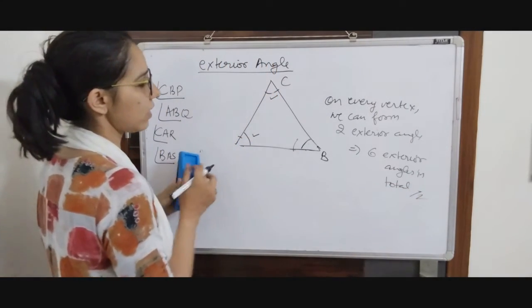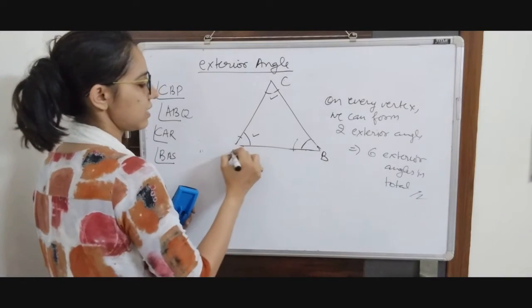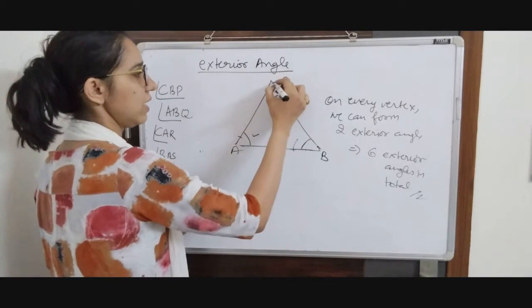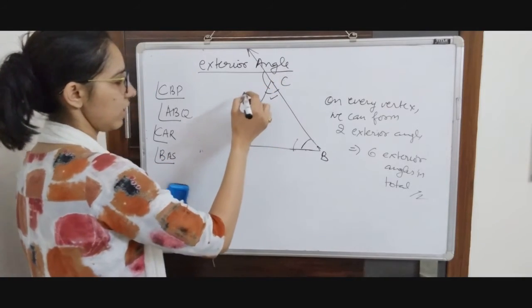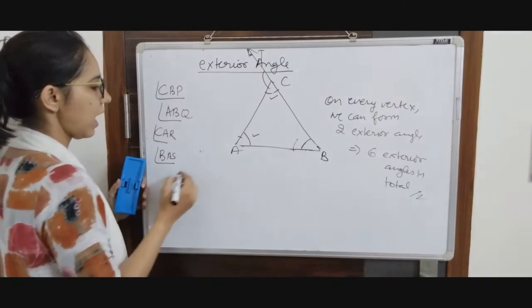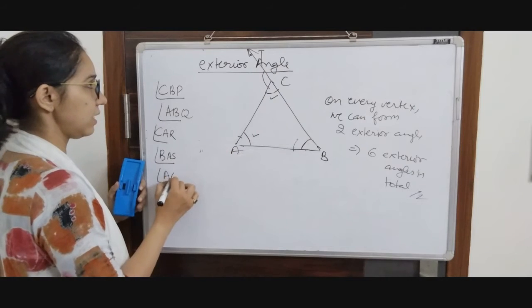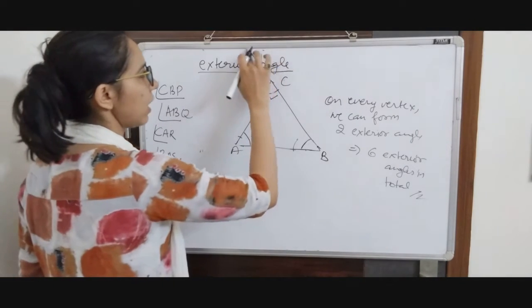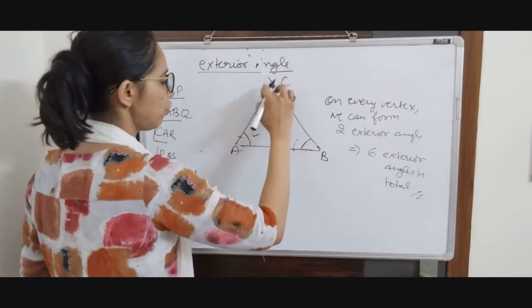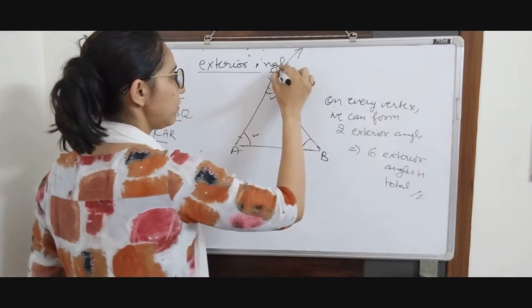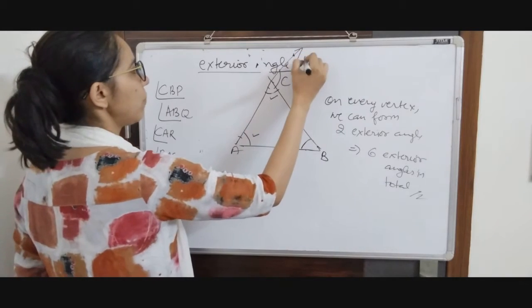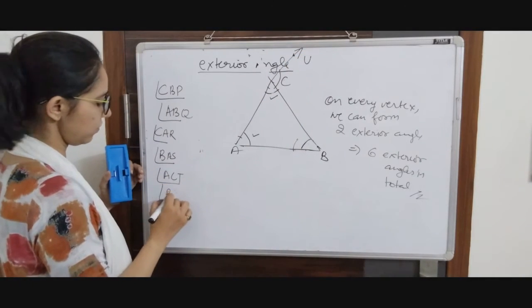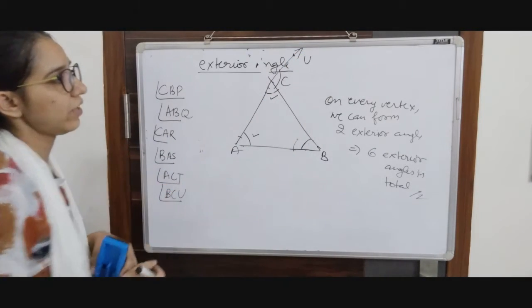Similarly, you can extend this side BC like this, and the angle formed will be an exterior angle. Suppose this is point T, it will be ACT. And if you extend AC here, the angle formed, with point U, angle BCU, is going to be an exterior angle.